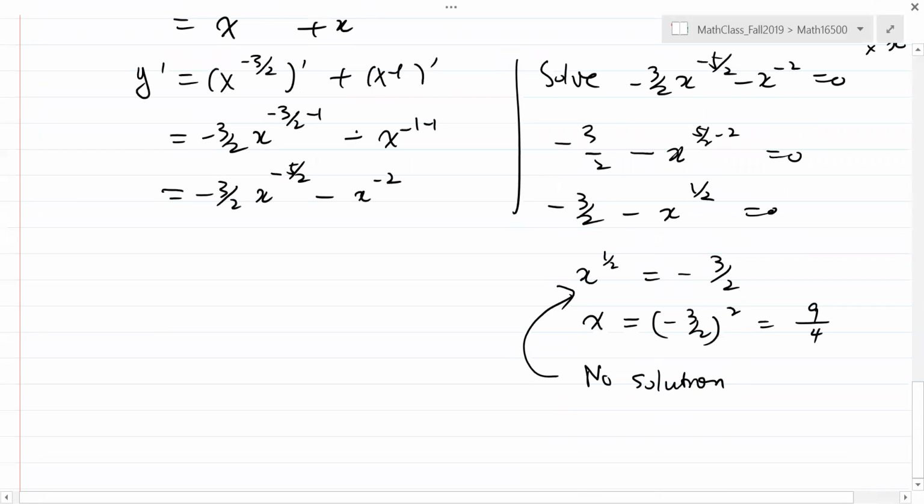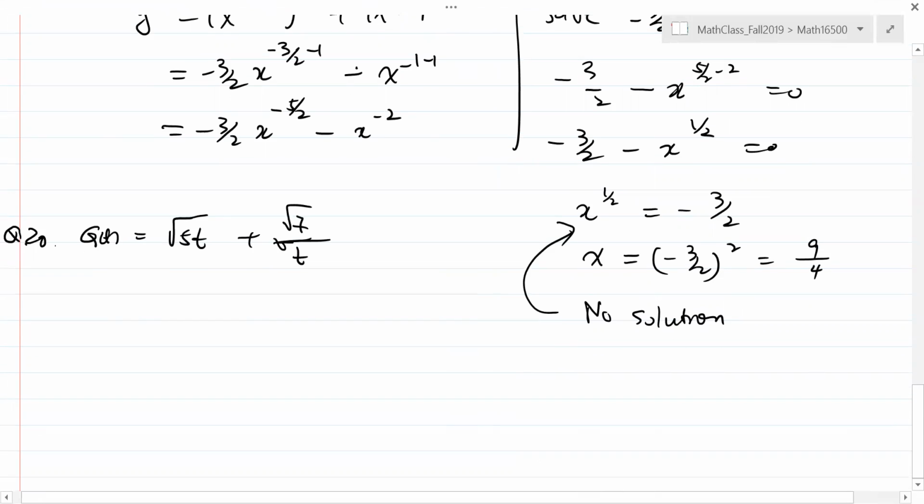Okay, let's do the next problem. 20. G over 2. I think a t is inside, so 5t is inside the rectangle.